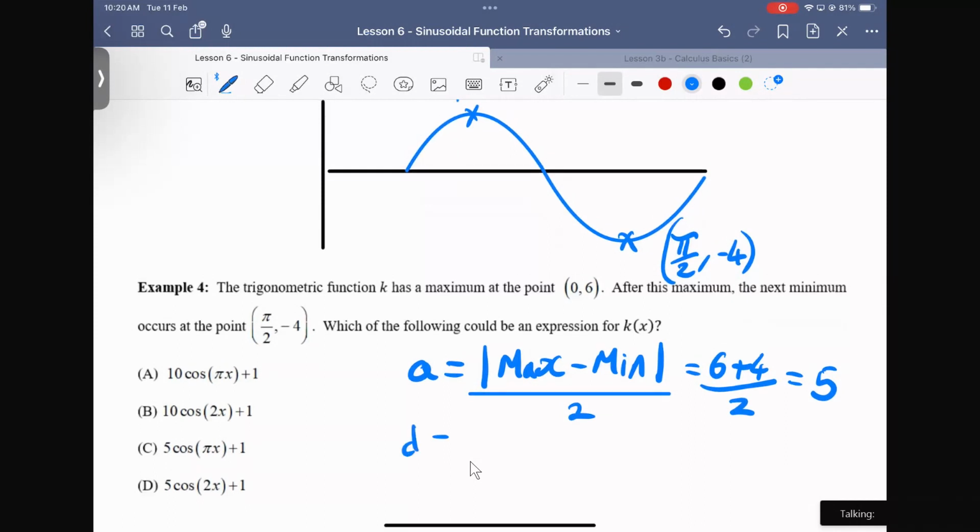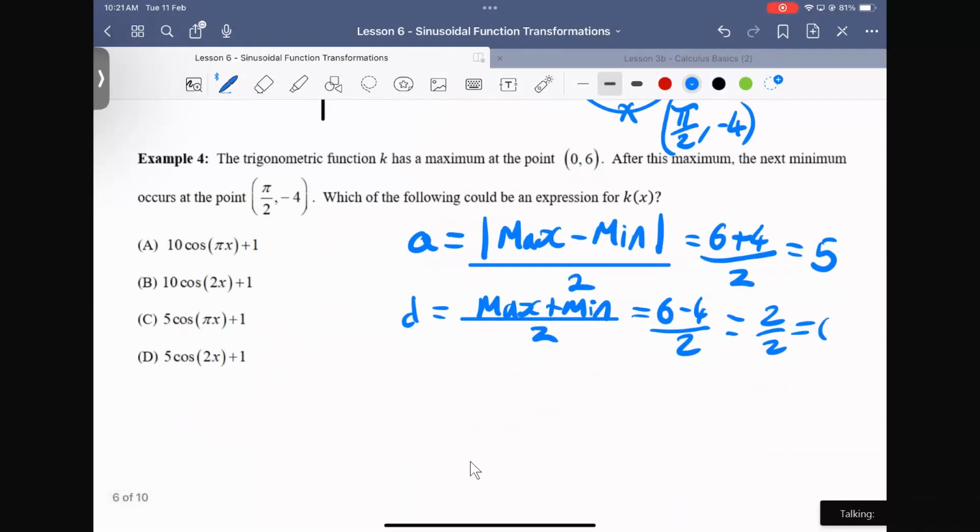Our midline is going to be max plus minimum over 2, which is going to be 6 minus 4 over 2, which is not minus 2 over 2, it's 2 over 2, which is 1.